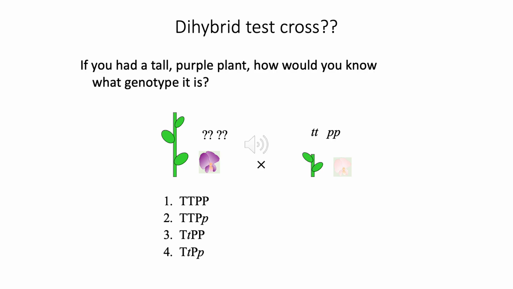Because of the test cross, in order to predict the genotype of this individual, you need to cross it with a homozygous recessive for both of the traits that you want to study. For stem length and flower color, you have to cross it with a dwarf, white-flowered plant so that you can predict the genotype of the other, unknown parent.